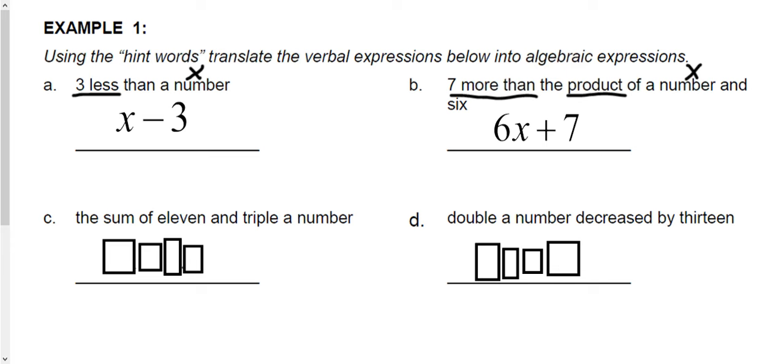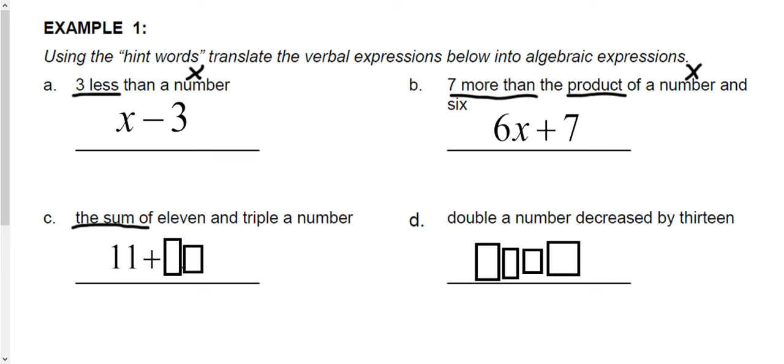Next one, sum is my first keyword. The sum of something. That means addition. So the first thing I do, I'm going to put an addition sign on my paper. What am I adding? The first thing is 11. And the second thing is triple a number.